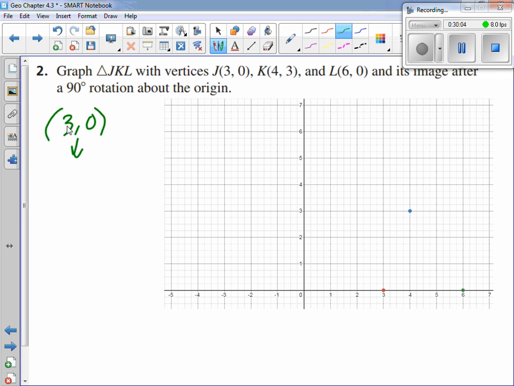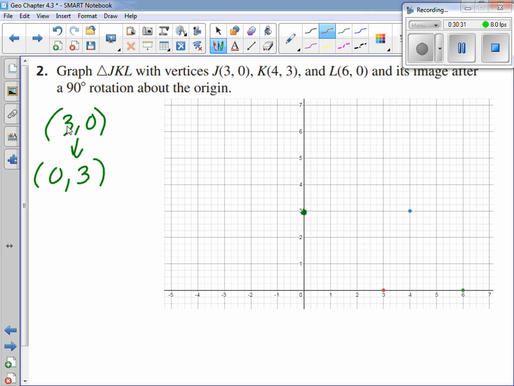Since it's just counterclockwise 90 degrees, we just have to do this once. So to do it once, we flip it and change the sign of the first, which would give me, can we have negative 0? No, 0 stays 0, it is not positive or negative. So 0, 3.